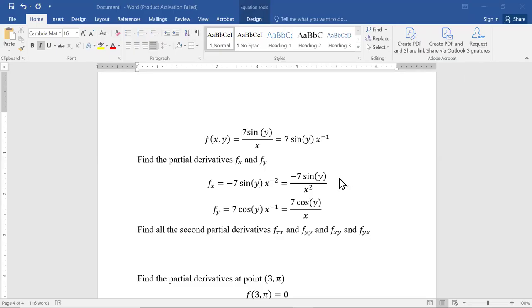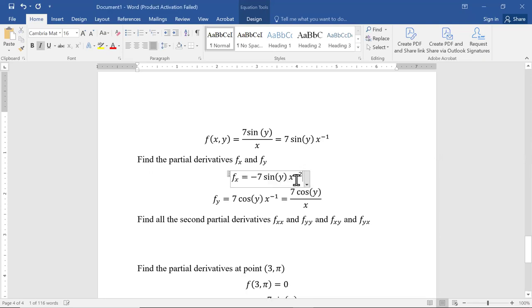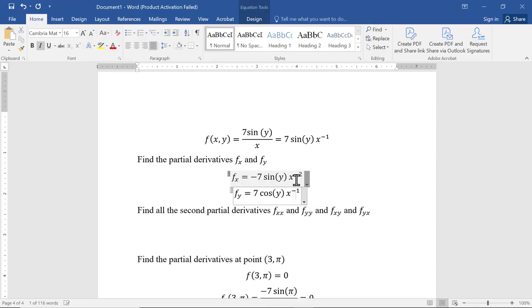Once again, there's no use of redoing work we've already done. We've already found the first partial derivatives. In fact, I'm going to use the negative exponent version of those.